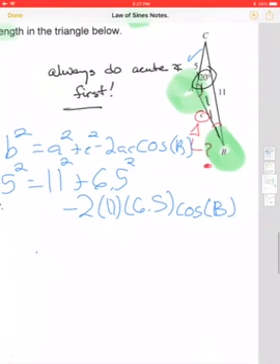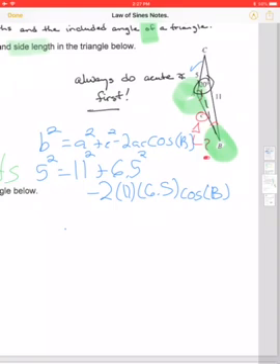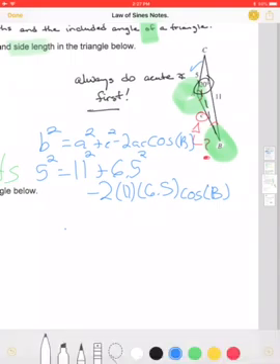Cool. So again, I could have fallen back on a squared equals b squared plus c squared minus 2bc cosine of angle A, but I'm just using b squared because it doesn't really matter which one you use. All right. So this is going to give you some number under here. This is all a number. I think the easiest way to go about this is to just think about what needs to move to the other side and then what that's going to look like.